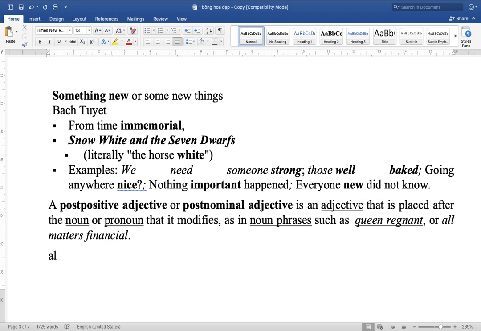Maybe you can use "on financial matters," but it's not hesitant to be used "on matters financial," tất cả các vấn đề về tài chính. Or you can write "I don't care about the financial matters" or "the financial problem." But when you use the phrase "on matters financial," it should be in that way.